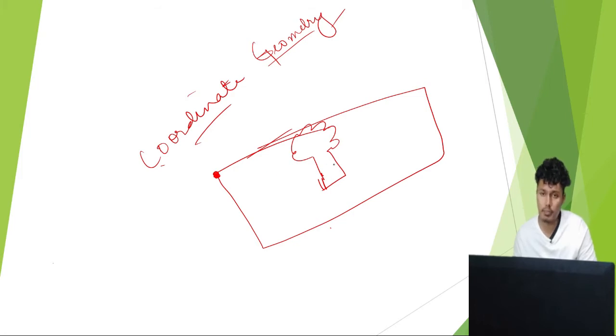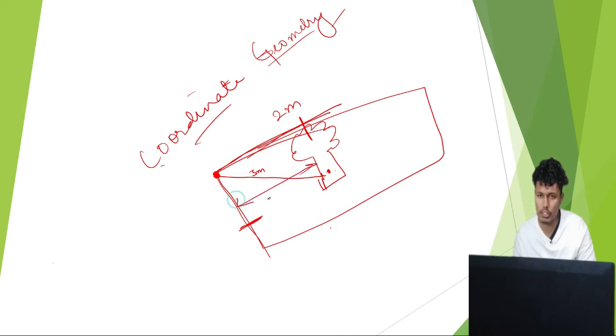Now suppose this mango tree is here. What is the distance from the reference point to the mango tree? You can say this is 5 meters, one way. Another way is with reference to this one and this one: this one is 2 meters and this one is 1 meter.